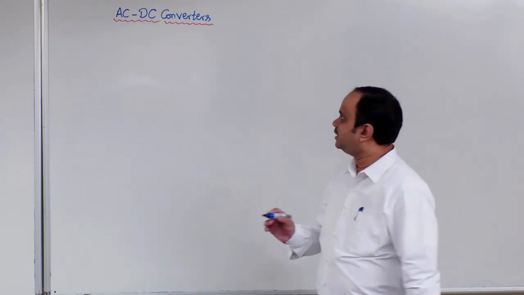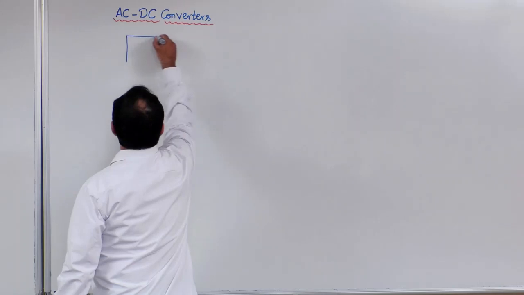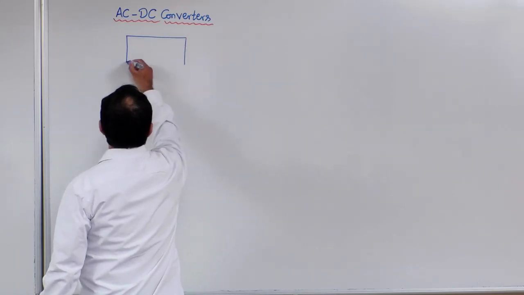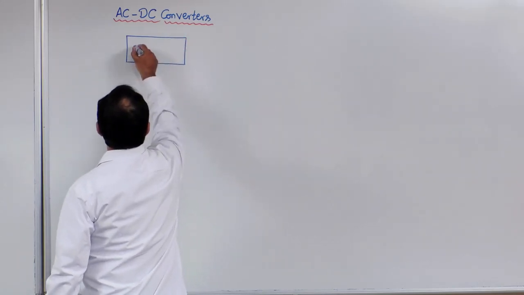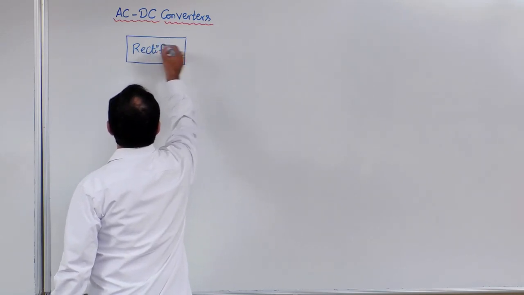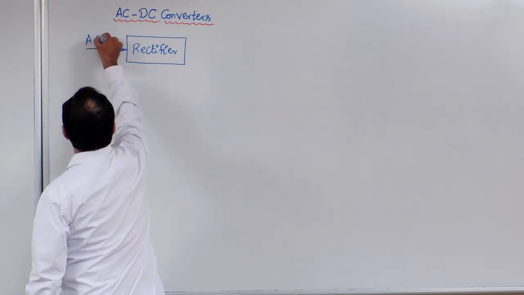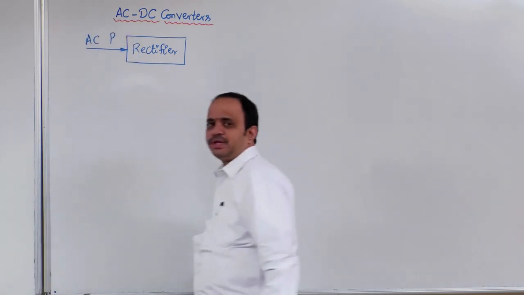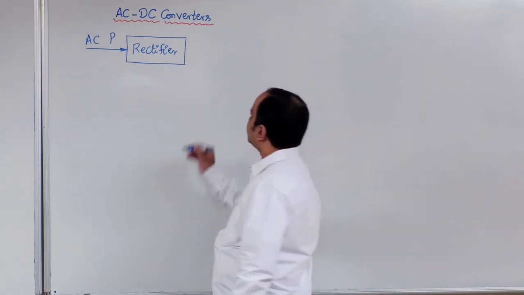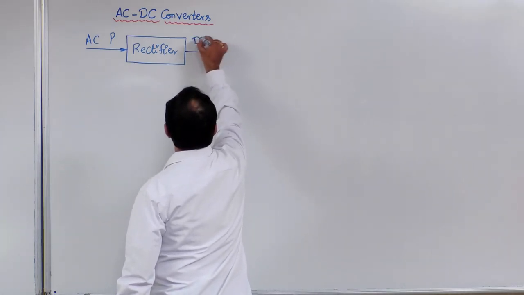Now let us define this AC to DC converter formally. An AC to DC converter is also called a rectifier. What do you mean by that? For this particular circuit, the input is AC power and the output is DC power.